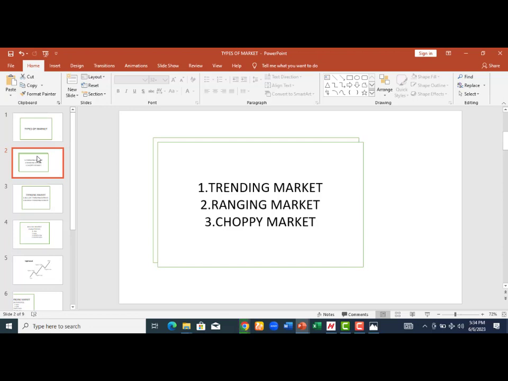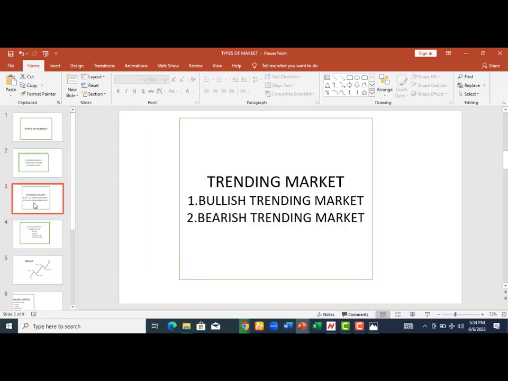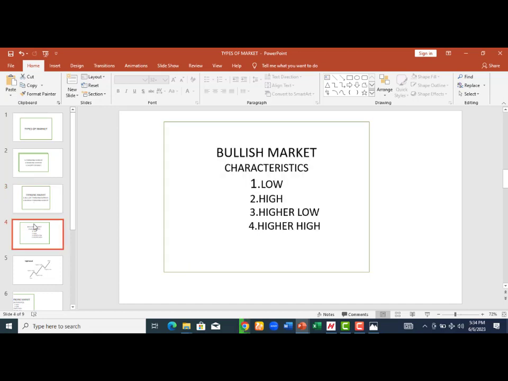We have the trending market, we have the ranging market, and we shared the choppy market. We went ahead to talk about the bullish trending market. Under a trending market, the bearish trending market. So for the bullish market, it has four characteristics, which is the low, the high, the higher low, and the higher high.